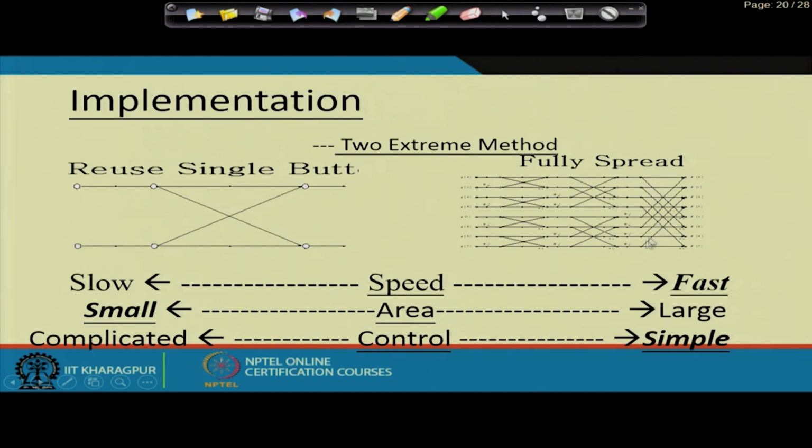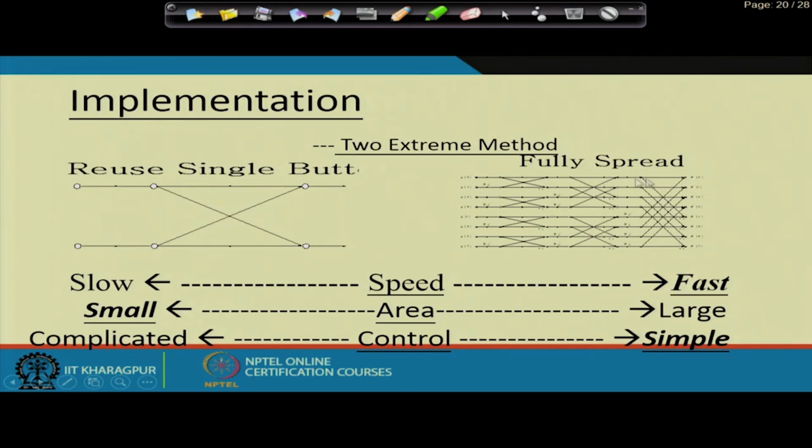If we have implemented the fully spread, that is the parallel architecture, then speed-wise it will be very fast. The computation time will be very fast because all these operations are running in parallel.